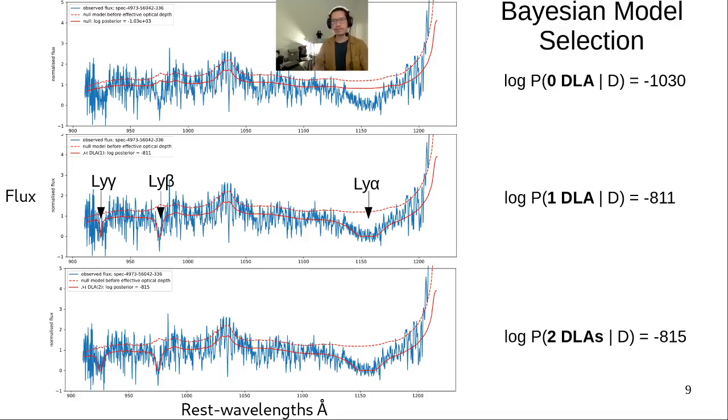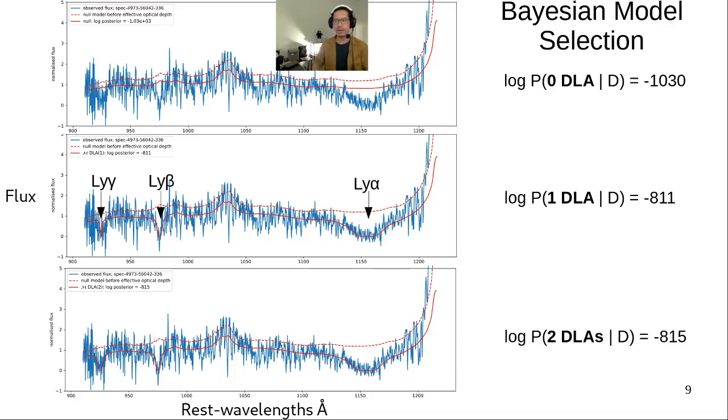The null model without any DLAs is the solid curve. The Lyman forest will effectively suppress the observed flux to a lower level. We model it as the suppression of the GP mean prior.